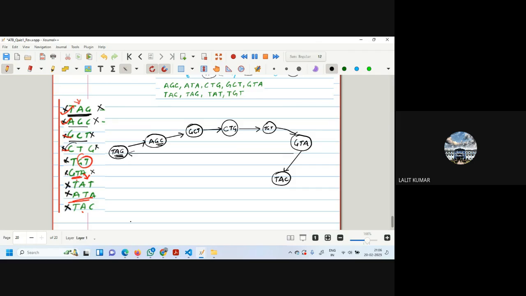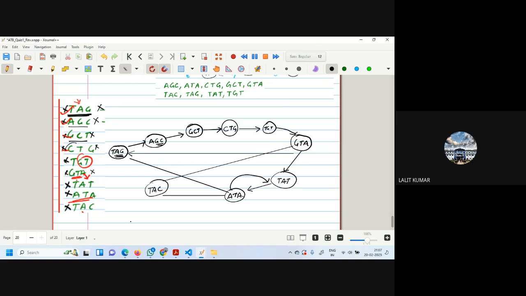Or I can go to TAT also, so let's write down this as TAT, and there is one TAC also here. Now from this TAT, I can go to ATA, and from ATA, I can go to TAC also, TAT also, and TAG also.